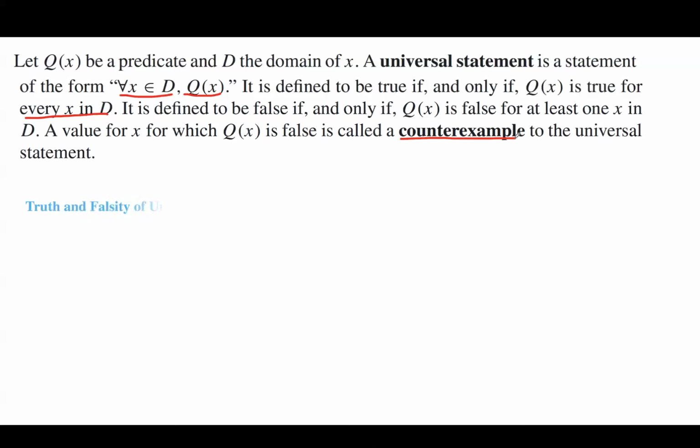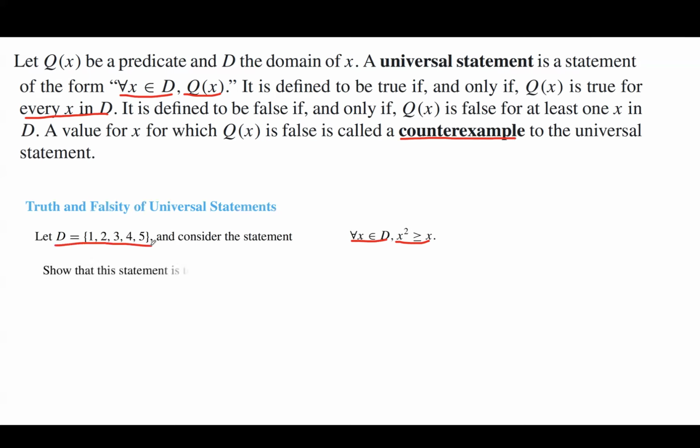Let's take a look at one example here. I'm giving you the statement: for all x in domain D, x squared is always more than or equal to x, and I'm restricting the domain to be 1, 2, 3, 4, 5. This is a true statement. Why is that?